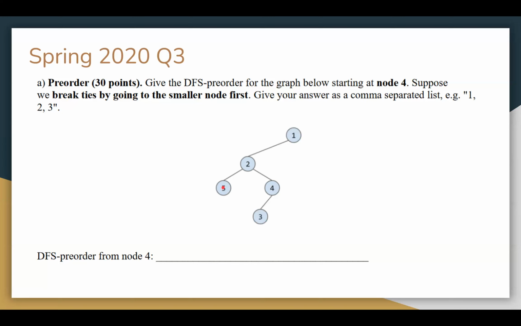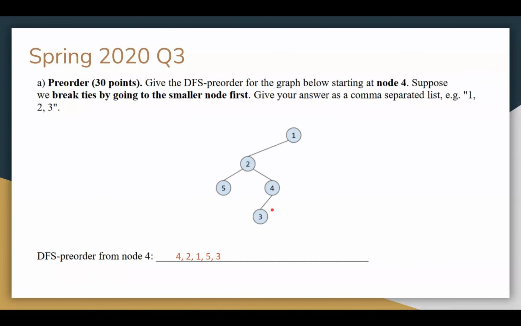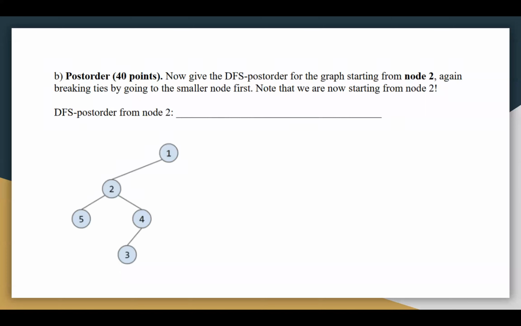So we visit 5, and then we go back to 2, and that's when we have finished traversing all of the neighbors of 2, so we backtrack to 4, and we see that 4 has an unvisited neighbor, which is 3. So the final output will be 4, 2, 1, 5, 3. If nobody has any questions, then I'll give you 1 minute for the post-order.